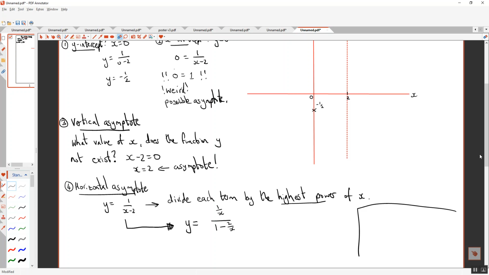Now, this is probably a bit more important for the HL, okay, but you guys still need to be aware of it. So looking at this, we want to figure out what happens to our function as x goes towards infinity, in a positive and negative direction. We want to figure out what this particular number is.